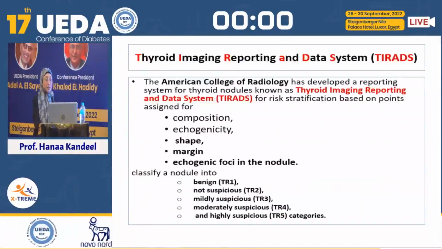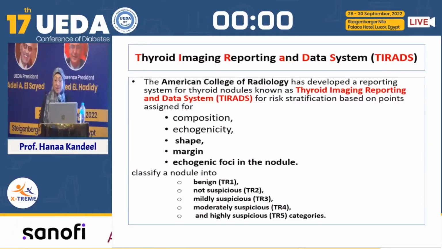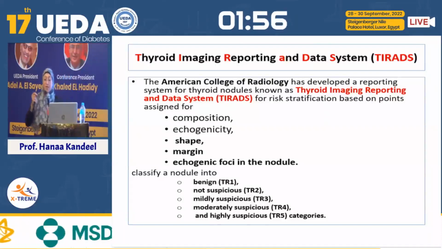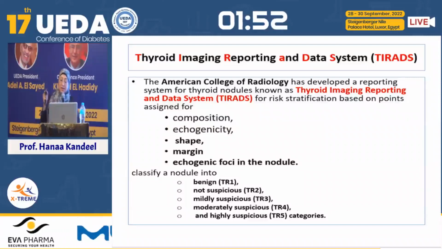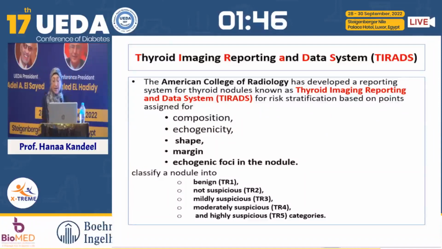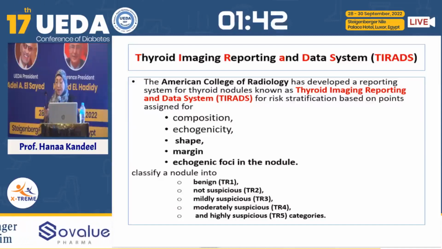What about the Thyroid Imaging Reporting and Data System? In the ultrasonography, TI-RADS is a categorization of the imaging reporting and data system, and it assigns composition, echogenicity, shape, and margin, starting at TR1, with the number increasing up to 5.